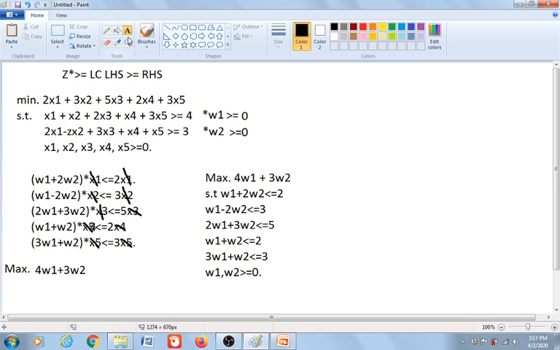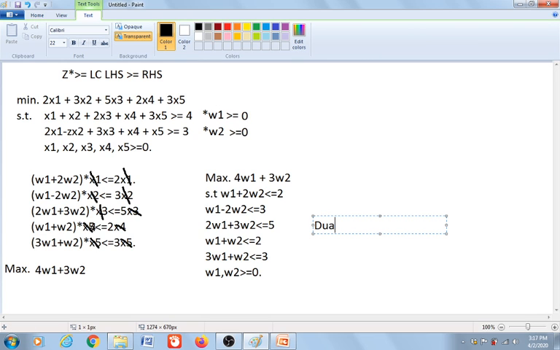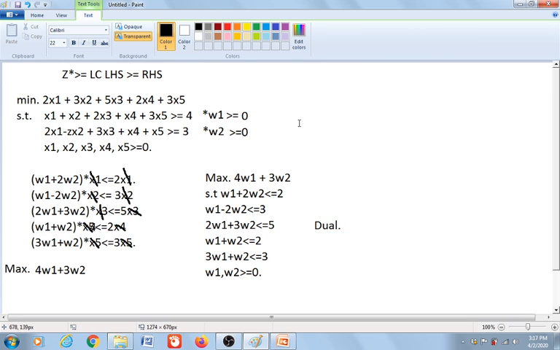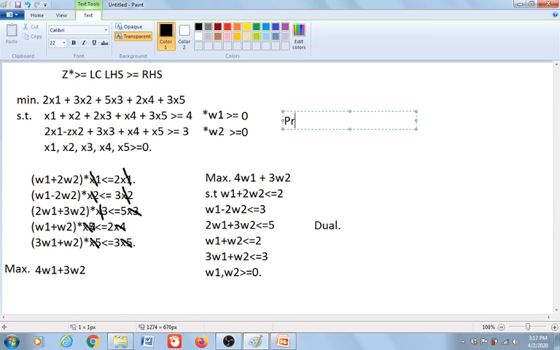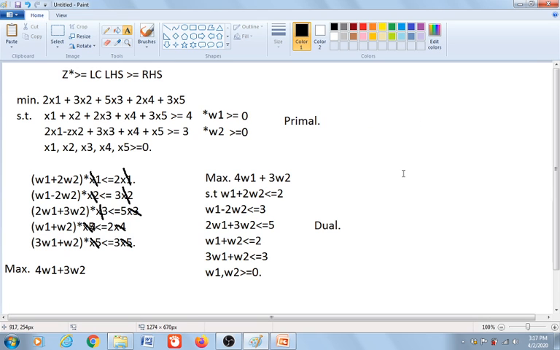So this is the dual, and the original LP problem is the primal. And what is the conclusion? The dual of the min problem is the max problem, and the dual of the max problem is a min problem.